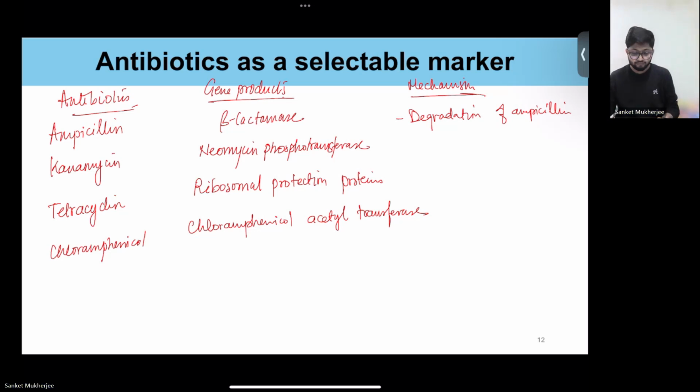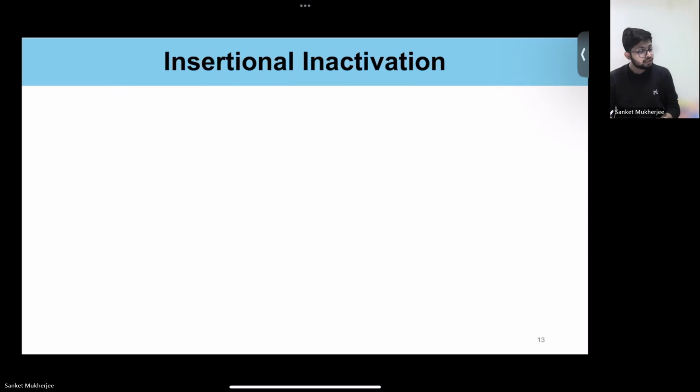Now, insertional inactivation is another method of screening. What happens here is the foreign gene is inserted in between a functional gene, so it becomes non-functional.